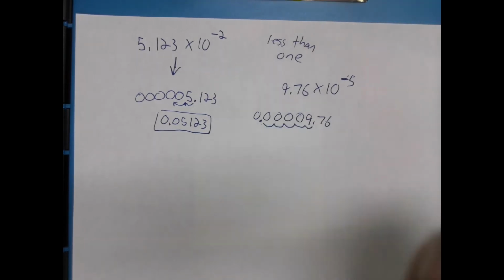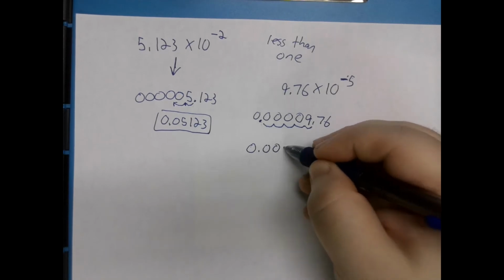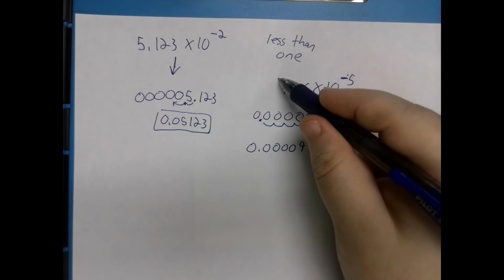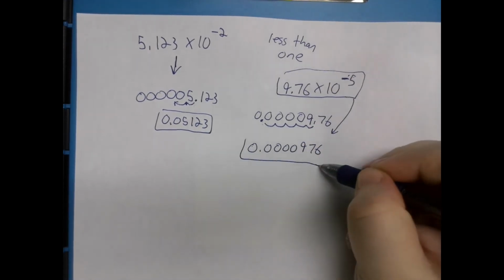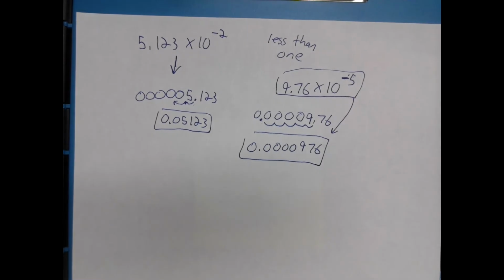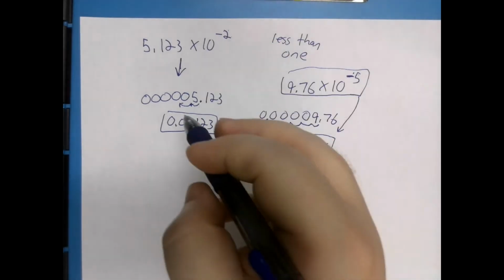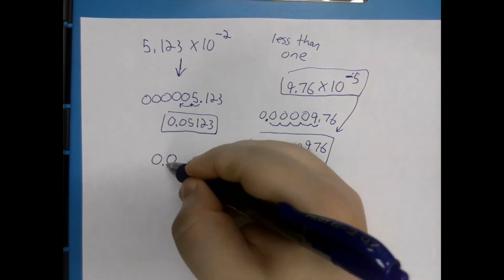We'll put it right here. So this number is the same as this number. Another way of looking at this is that you need to add 2 zeros in front and put a decimal in between after the first 0.